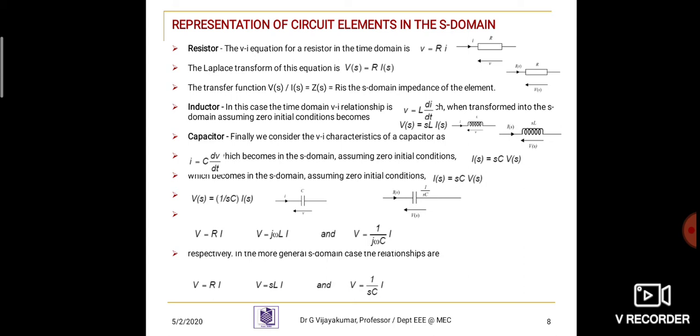When we are interested in a sinusoidal source, the mathematical technique which enabled us to solve the differential equation most easily required us to write Ohm's law for the resistor, inductor and capacitor in phasor notation as V is equal to IR, V is equal to I into j omega L, and for the capacitor V is equal to 1 divided by j omega C into I. Respectively, the more general S domain cases are V is equal to RI, V is equal to SL into I, and for the capacitor V is equal to 1 divided by SC into I, which are seen to be identical if we replace j omega by S.